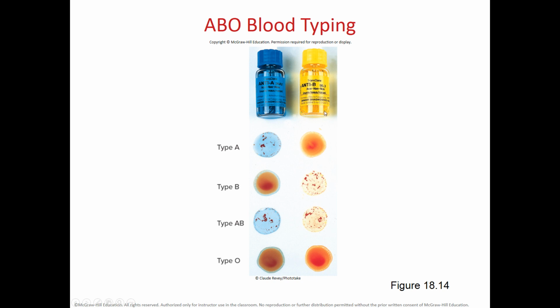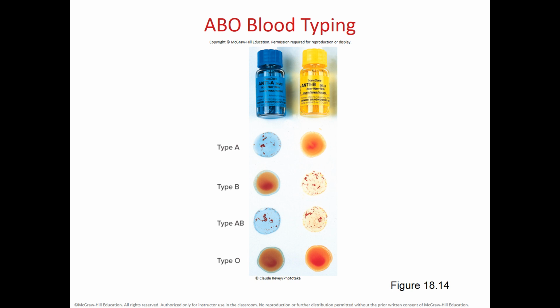Now, along with this, you have positive and negative groups of ABO types. So someone can be positive or negative for A, positive or negative for B, positive or negative for AB, and positive or negative for O type of blood.